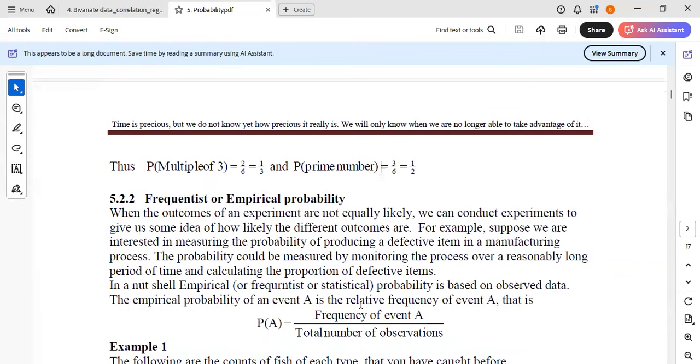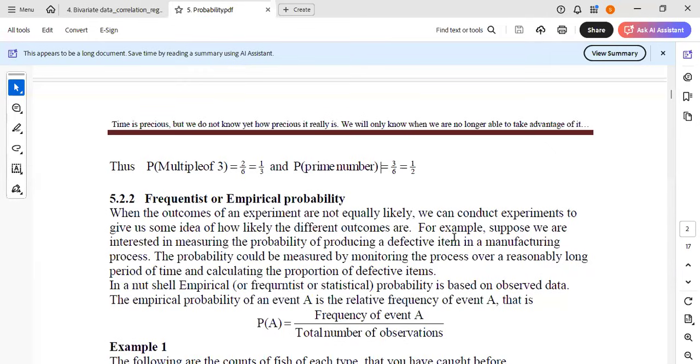Now, the other approach is what we refer to as the frequentist or the empirical probability. So here we're talking about frequency. When the outcomes of an experiment are not equally likely, we can conduct an experiment to give us some idea of how likely the different outcomes are.